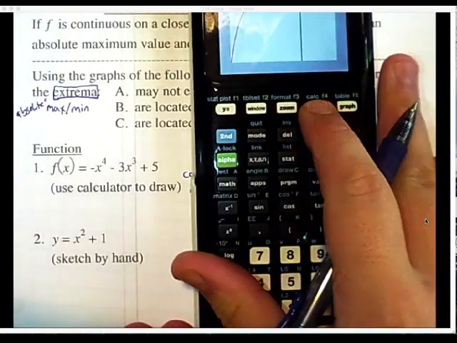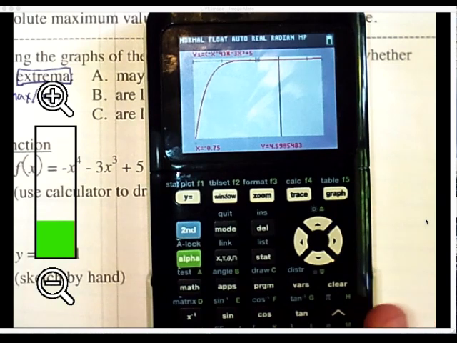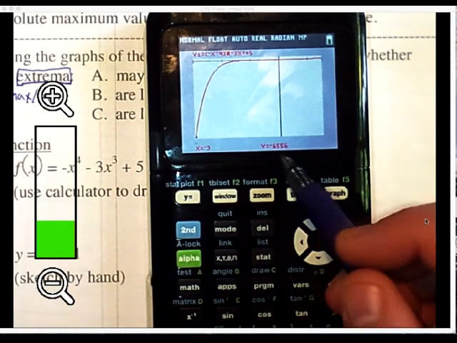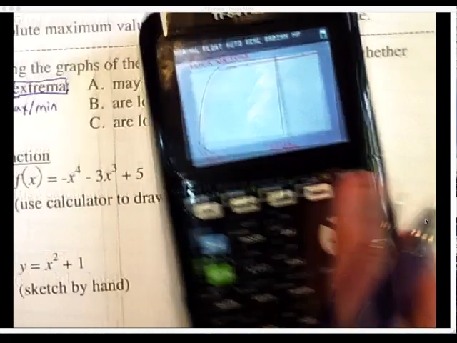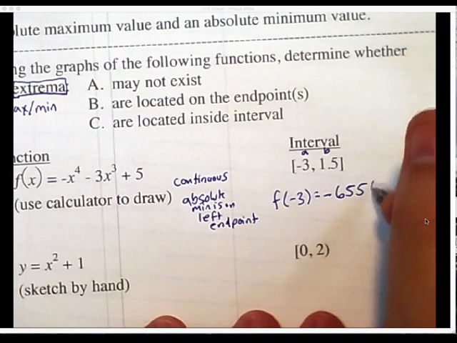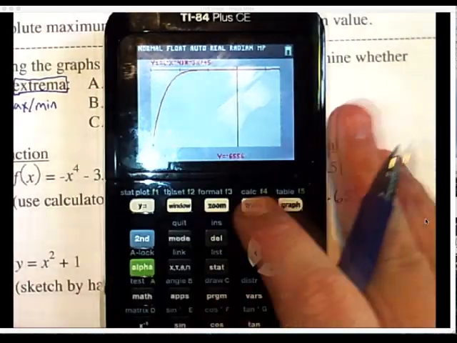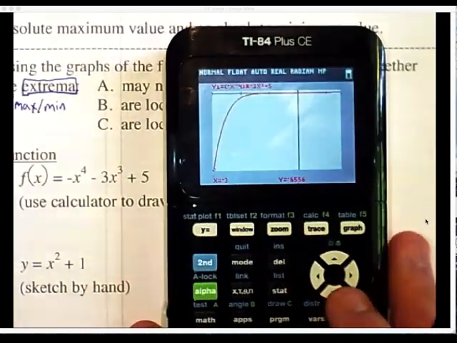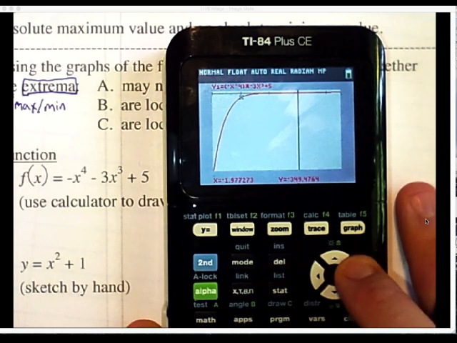Okay, so let's figure out what f of -3 is. If I hit trace here, and I type in -3, it gives me a y value of -6,556. And if I just hit trace here again, and I follow this up, it looks like as I'm going along, all my y values are negative.